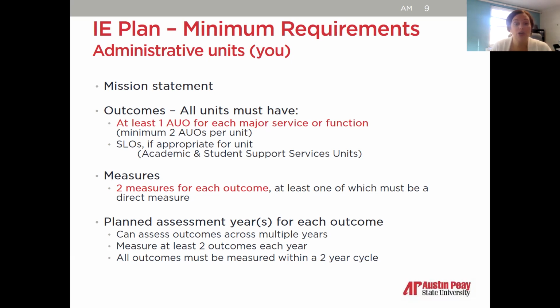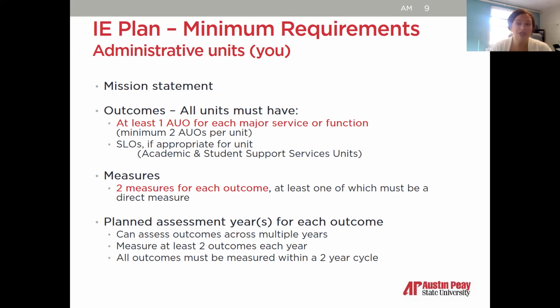And then you have to think about when you're going to assess those outcomes. So if you only have 2, maybe you want to assess those 2 outcomes every single year. That's perfectly fine. But maybe your unit has 5 outcomes and you feel like you can't do all of those every year, or you don't want to do all of those every year.